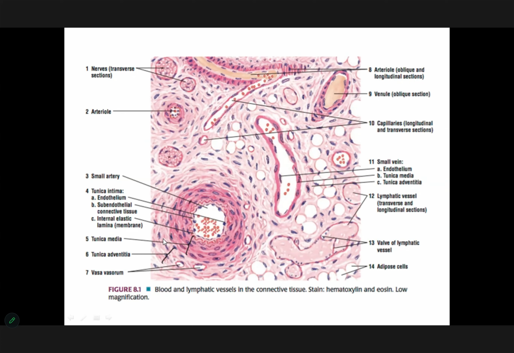Arteriole resembles artery, but it has only one layer of smooth muscle cells in its media. Venule resembles a vein. It also has a very thin wall, and capillaries are the smallest ones. Their diameter may be equal to a red blood cell, about 7 micrometers or even smaller.